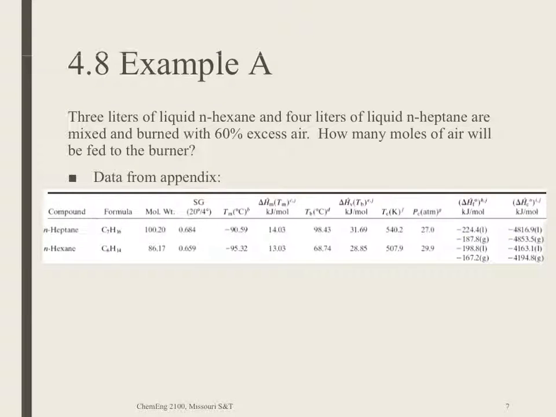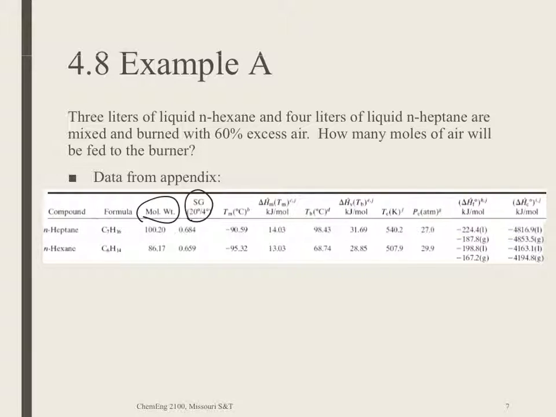This data shows the formula, molecular mass, specific gravity, melting point, enthalpy of melting, boiling point, all sorts of various things that we'll be using as we progress through the course. But in this case, what we need is molecular weight, because that's going to take us from mass to moles, and specific gravity, because that'll take us from liters to mass, so volume to mass.